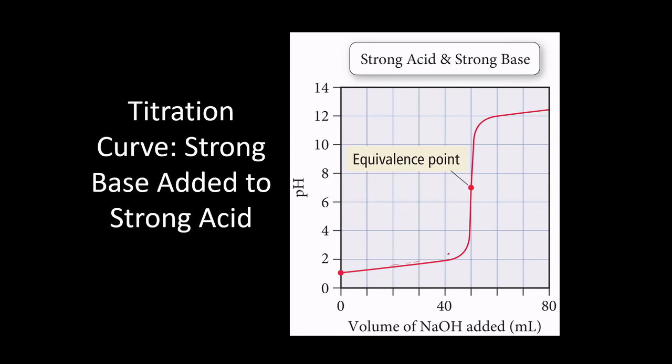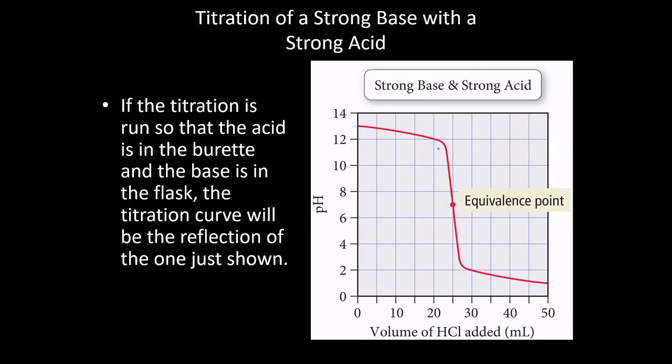So the slope was increasing, increasing, increasing, and then at this point, the slope begins to decrease. Now, the graph is still going up, but it's not going up as fast. And so that means that that first derivative has gone negative. And so this equivalence point is always going to be the same in terms of the mathematics of it. That's always going to be the same no matter what we're dealing with. It's just the pH that will be different. And so this one is directly at 7 because we have a strong acid and strong base.